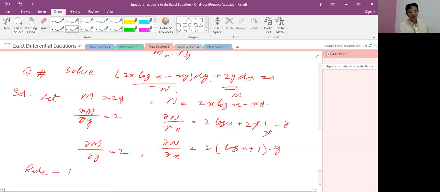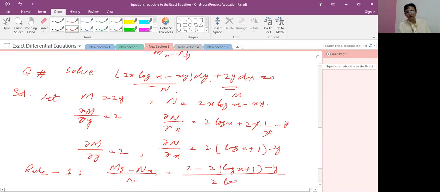Rule number 1 is (∂M/∂y minus ∂N/∂x) divided by N. So it means 2 minus 2 times (log x plus 1 minus y), whole upon N. What is N?